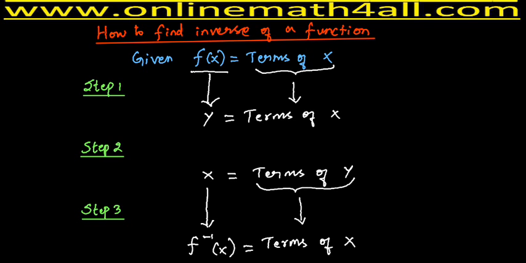Now this function is going to be redefined by x in terms of y in step 2. From the result of step 2, I'm going to replace x by the inverse of the given function, that is f inverse of x. And on the right side of the equal sign, I take the terms exactly as we have in step 2 with a little change: instead of y, I take x. This is how we find the inverse of a function.